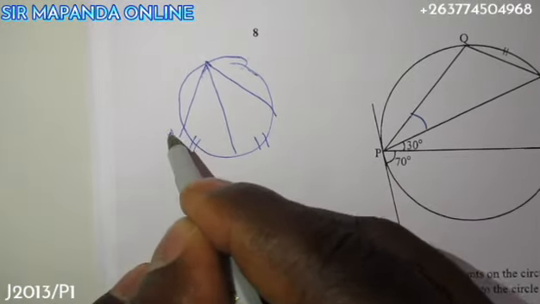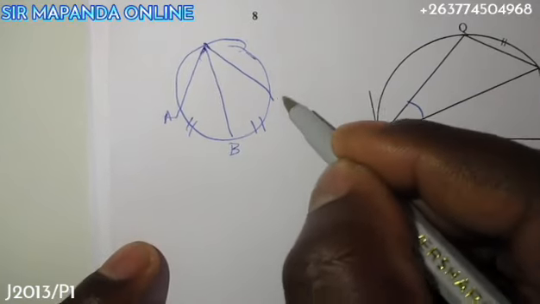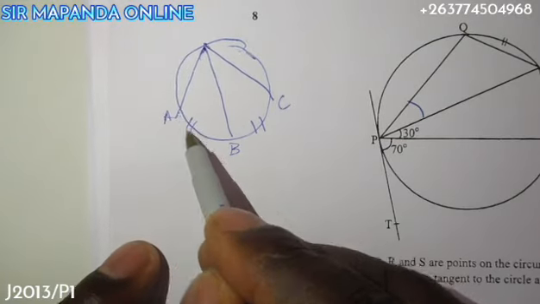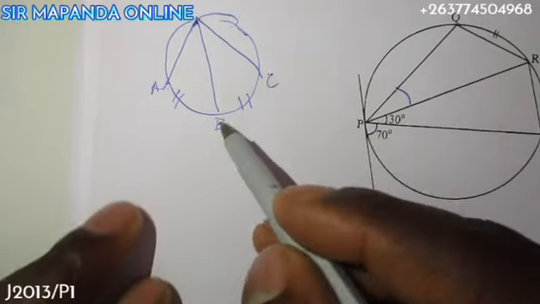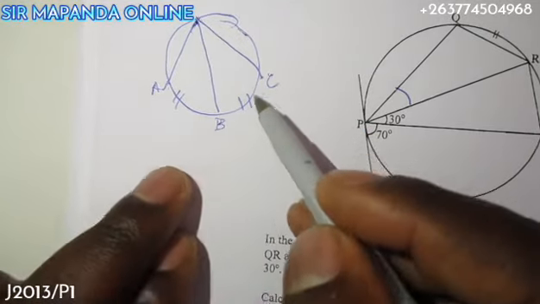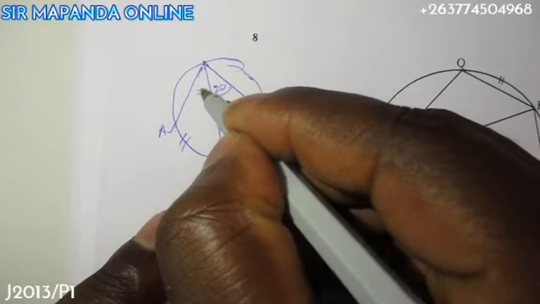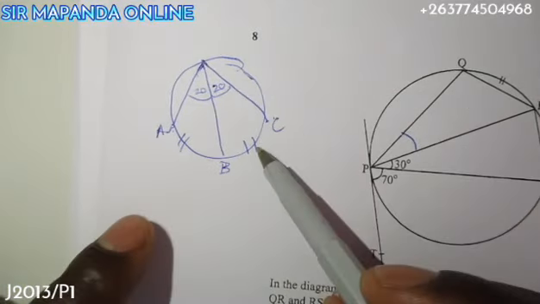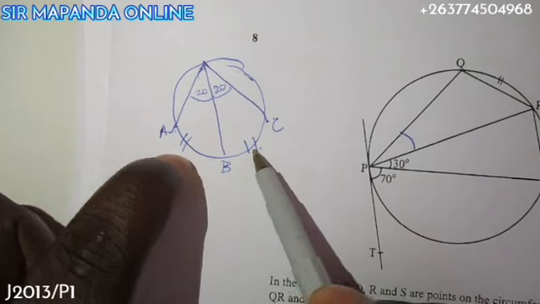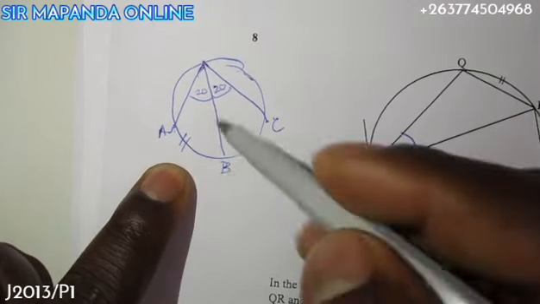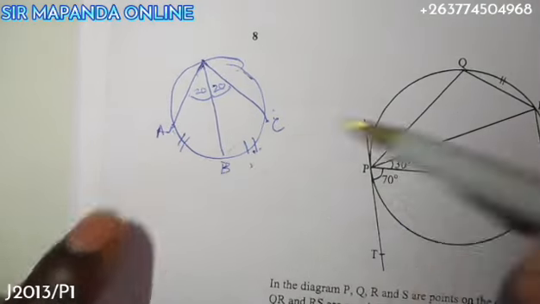So if you have AB as the arc on your left and BC as the arc on your right, you can notice that AB and BC are equal. So if this angle is 20 degrees, this angle becomes also 20. Why? Because they are being subtended by equal arcs.